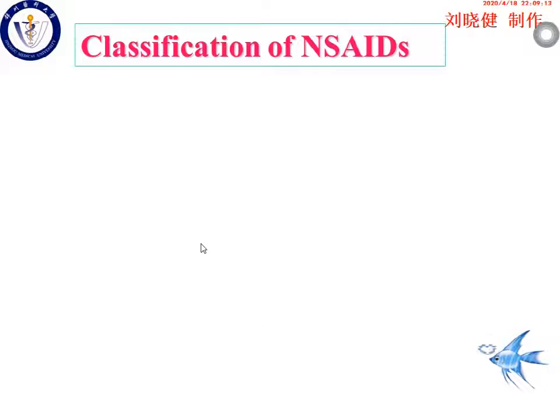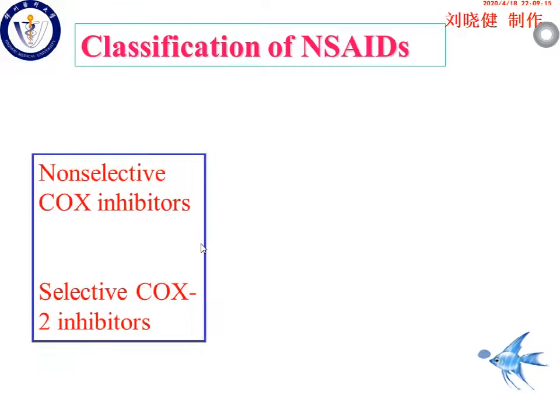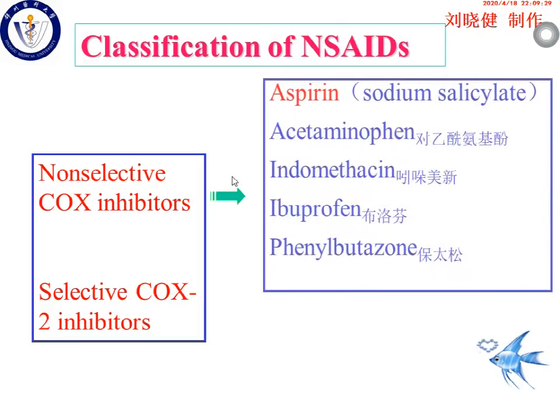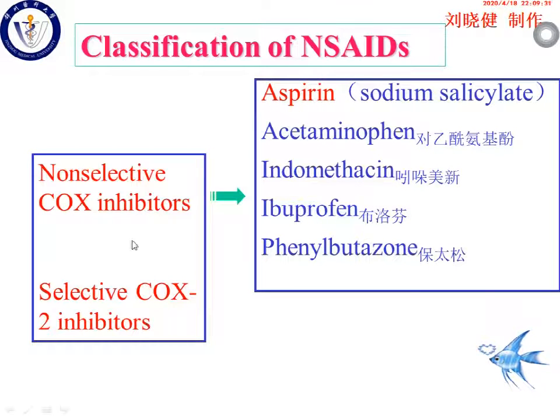The drug classification. Nonsteroidal anti-inflammatory drugs can be broadly divided into two groups: non-selective COX inhibitors and selective COX-2 inhibitors. Non-selective COX inhibitors include aspirin, acetaminophen, indomethacin, ibuprofen, and phenylbutazone.